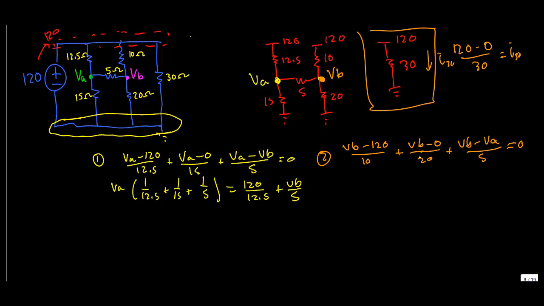That comes out to 26/75. So VA times 26 over 75 is equal to, and then we can basically leave this alone, or we can multiply both sides.